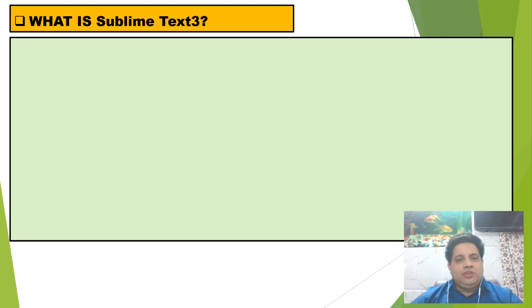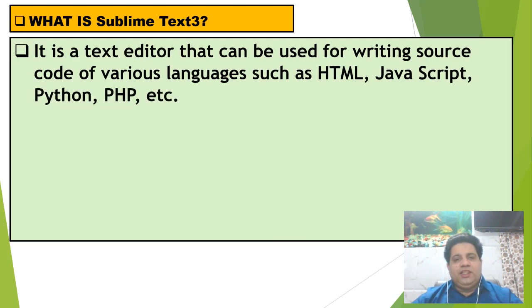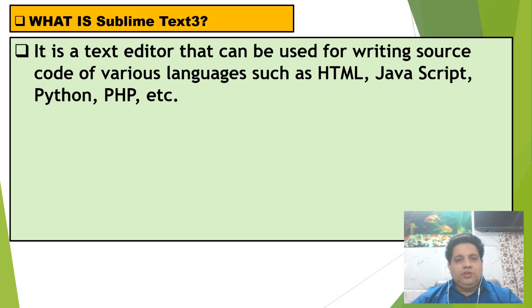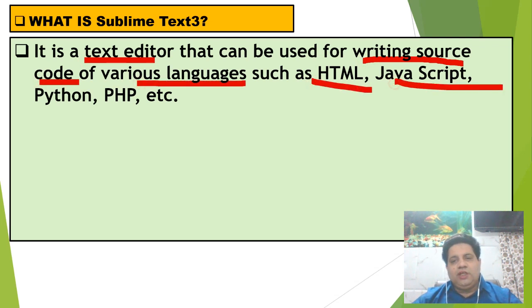So there comes a software known as Sublime Text 3. Now what is Sublime Text 3? It is a text editor that can be used for writing source code of various programming languages. First of all, it is a text editor and it can be used for writing source code of various languages such as HTML, JavaScript, PHP, Python, CSS, and lots of languages.